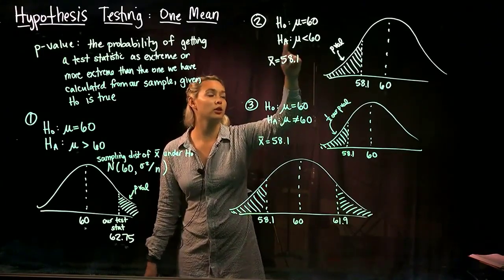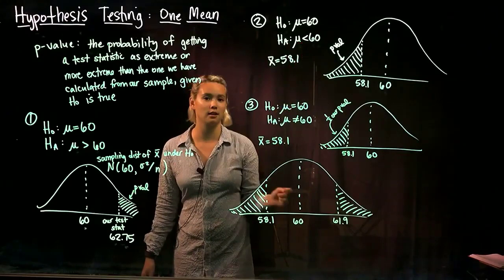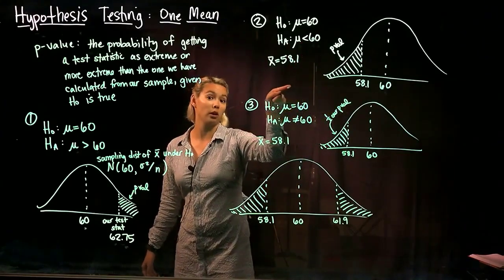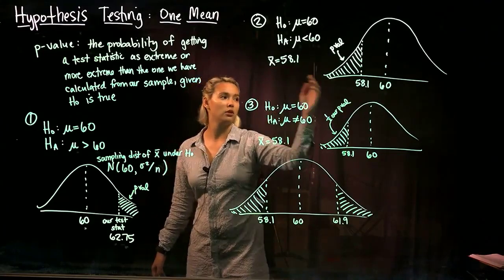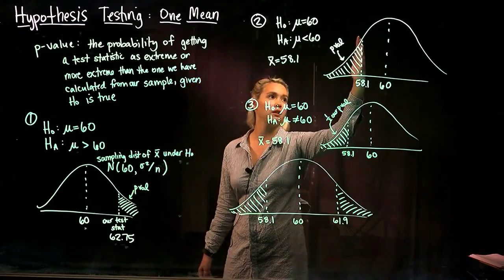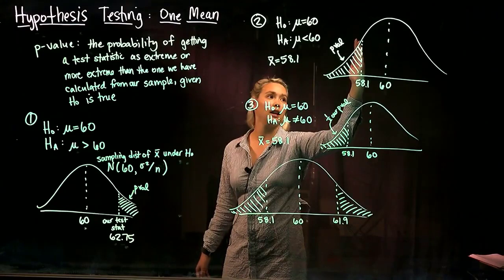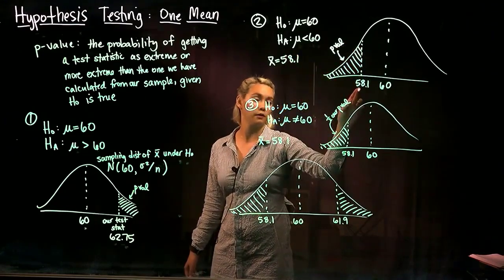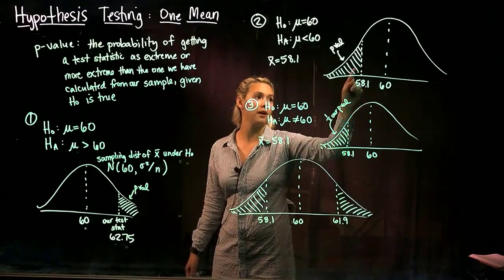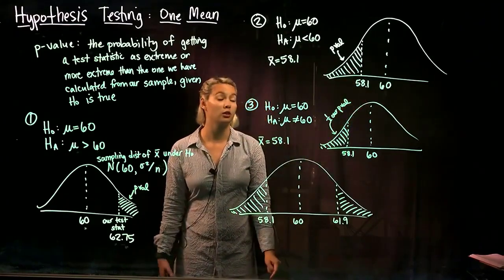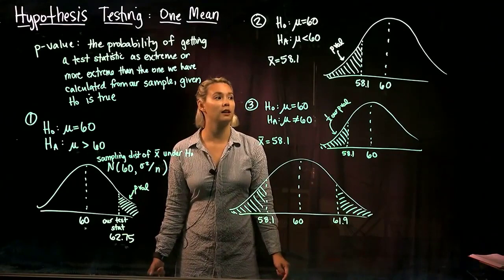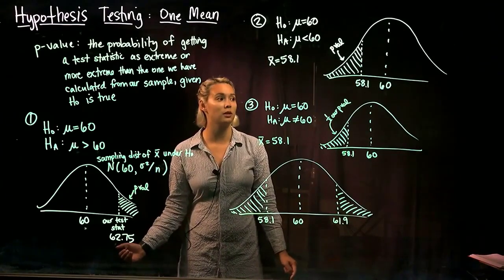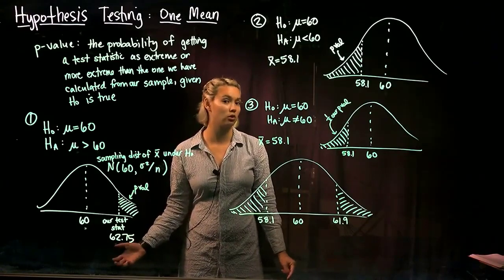If our alternative here is mu is less than 60, then getting smaller and smaller x bars is going to be more and more extreme. So we draw in 58.1, and any x bar less than 58.1 is more extreme than 58.1. Our p-value is that area shaded there. That is the probability of getting a sample mean that is as extreme as 58.1 or more extreme.